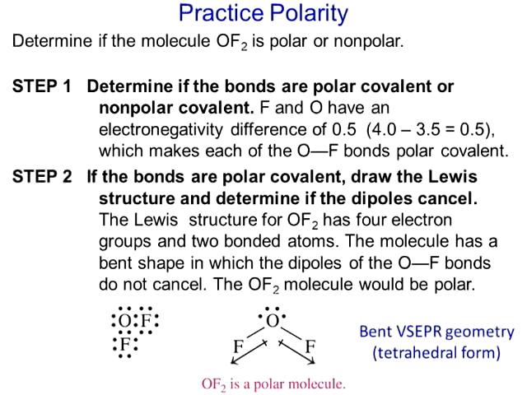Therefore, yes, it is a polar molecule because there's an overall pull of the electrons in the direction of the fluorines. So, OF2 has polar bonds and it is a polar molecule.